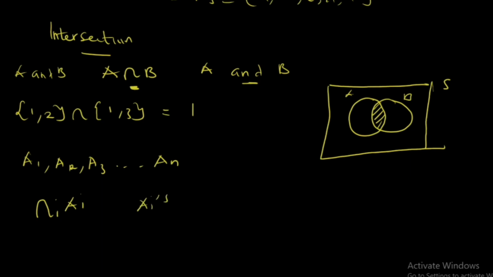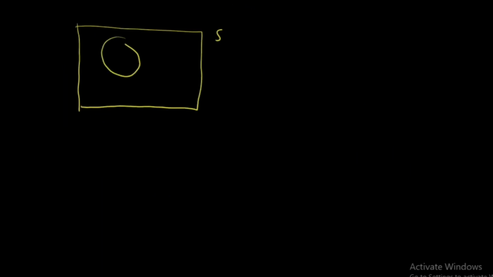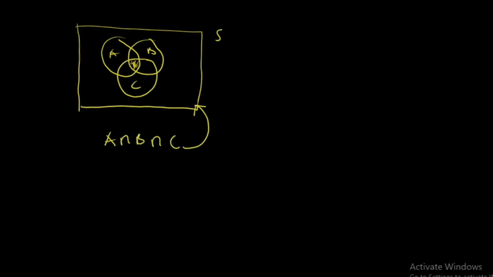In this case, for three sets, this is our A, B, and C. The intersection will be the shaded part here, which shows the set A intersection B intersection C.